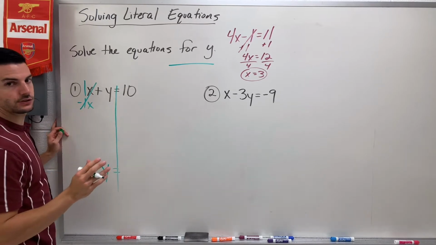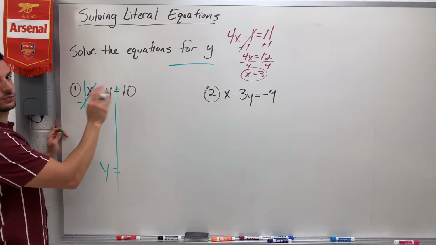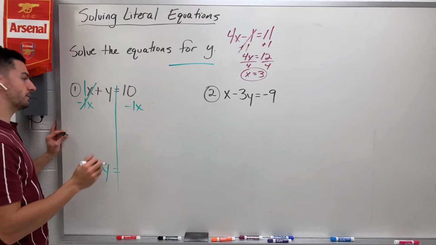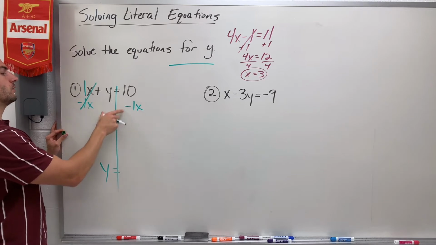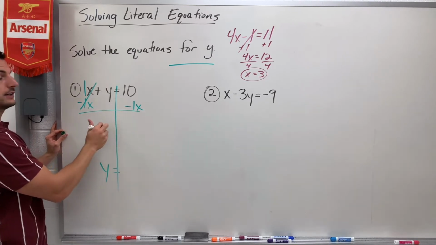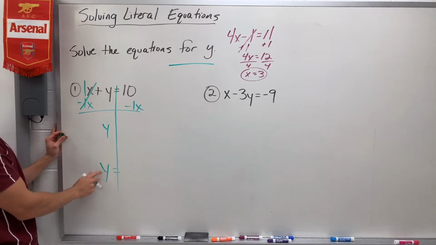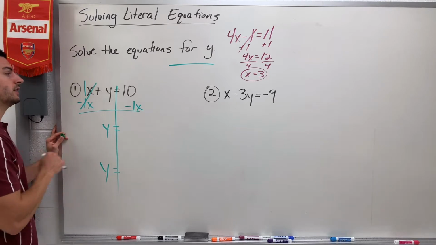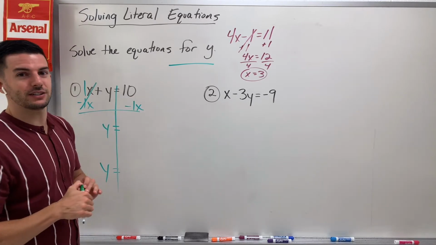But I can't just cancel stuff wherever. I have to do it once to both sides. So what I'm left with on this next step, on this side, is just y, and that's what I wanted. I wanted y to be by itself, which it is now. That's awesome, okay? But this side is where it's different.